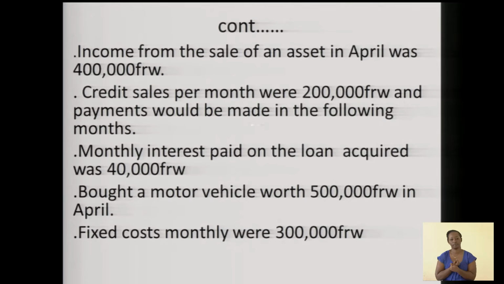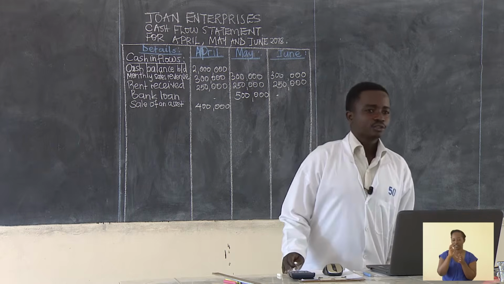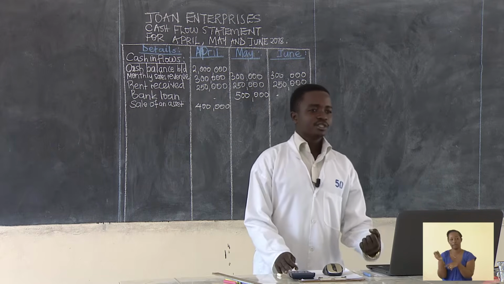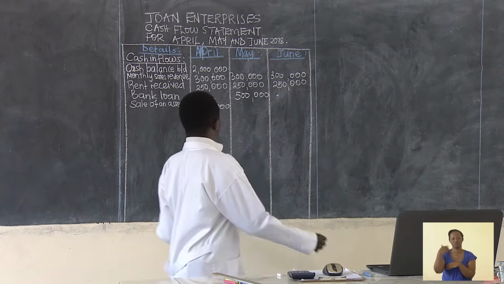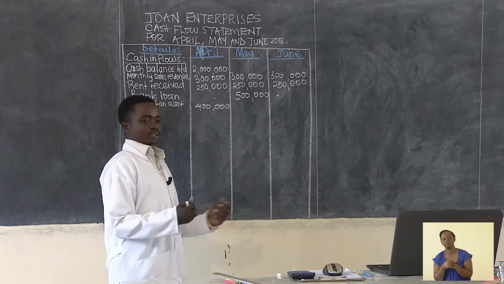Then we have credit sales per month. Credit sales per month were 200,000, and payments would be made in the following month. So I want you to think about that statement, and then you tell me what it means. Our credit sales cash inflows, was that money received?